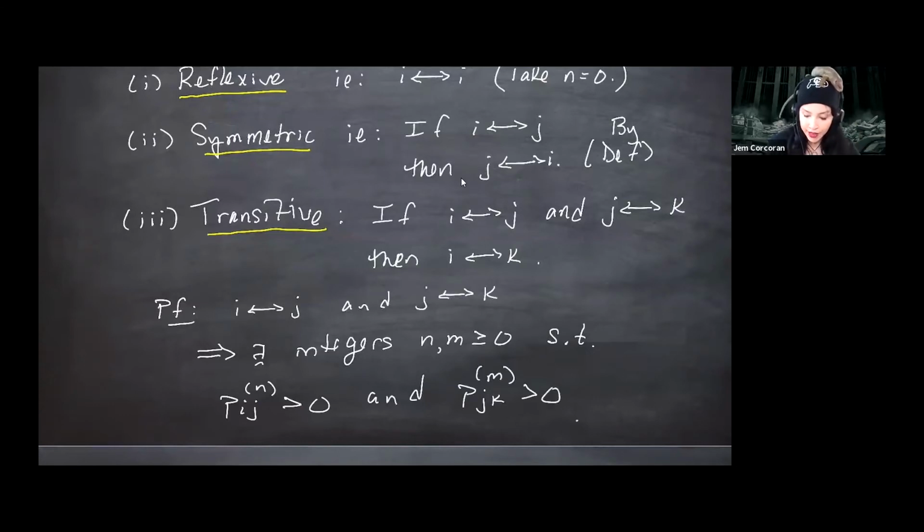It actually means more than this. It means there exist 4 integers because I do need to be able to go back, but I'm only going to do half of this proof. So there are actually 4 different integers that exist given the setup of this problem.